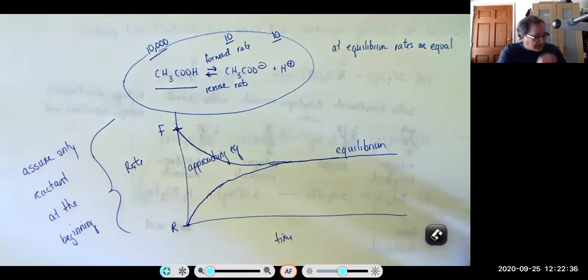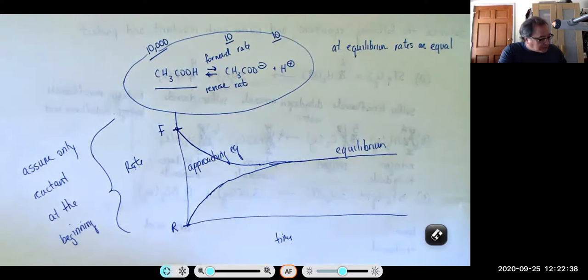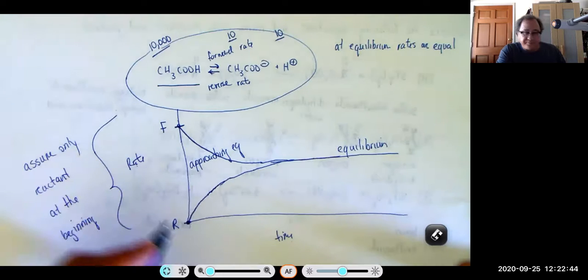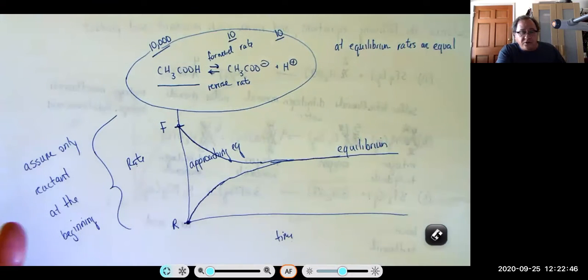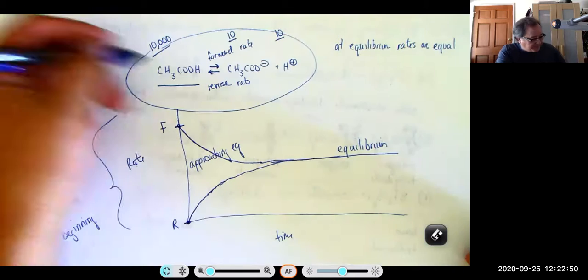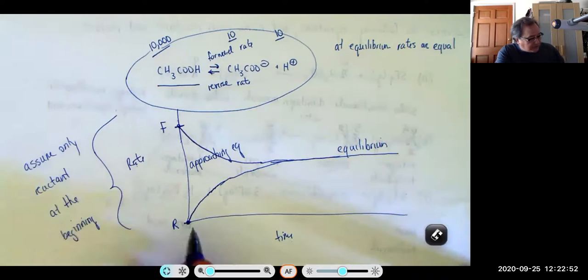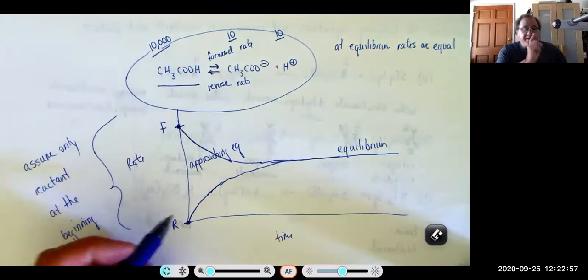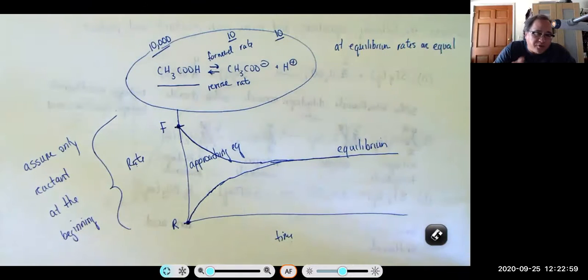So no product. So what's the reverse rate going to look like at first when there is no product? And the answer is the reverse rate is going to be 0 because there are no product that can react. So the reverse rate is 0. The forward rate will start at a pretty good clip.